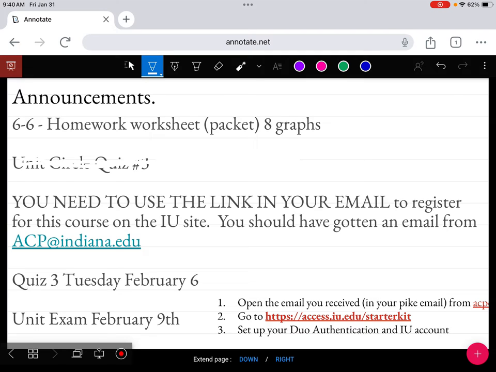Genuinely, I don't remember, and I don't have a copy of it over here, so I can't double check. I'll make one this weekend and I'll give it to you Monday. But I don't think I have one right now. Because it's very much based off of the two homeworks, the 6-5 and the 6-6.